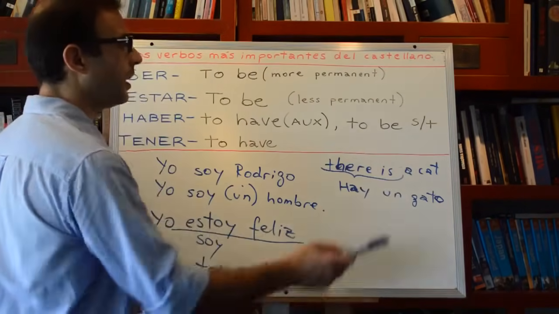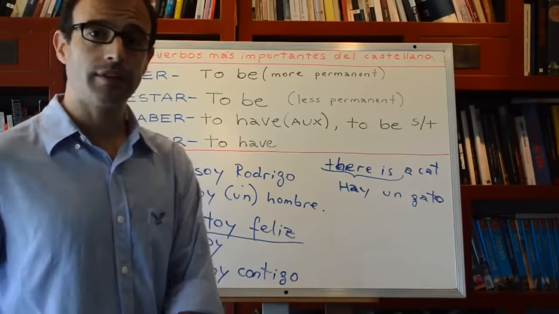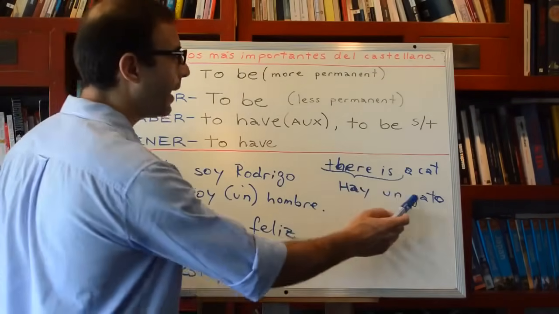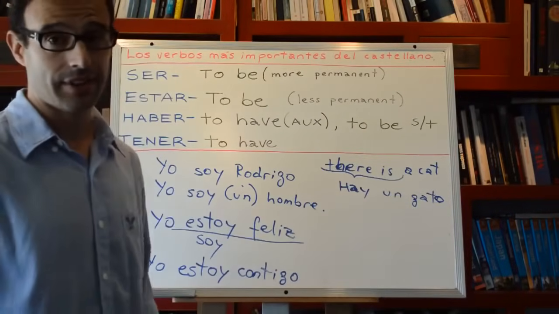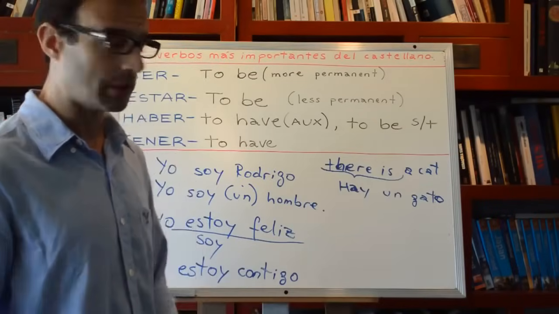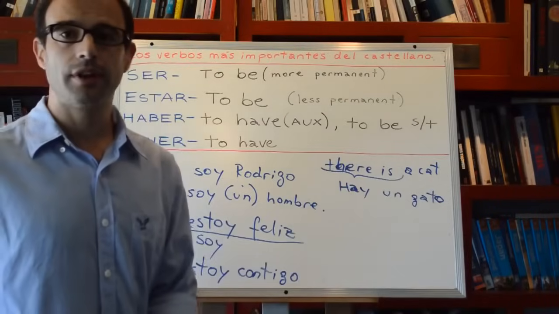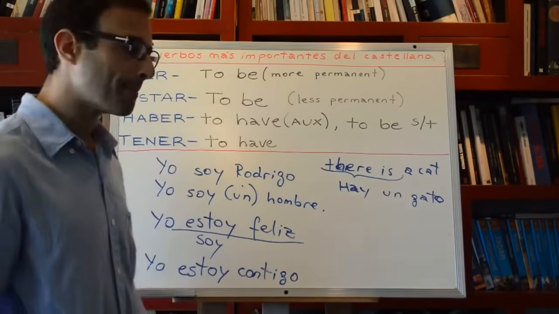Un gato means a cat. If I want to say a female cat, I would say una gata with an a at the end. Una gata for feminine, un gato for masculine. Hay un gato.